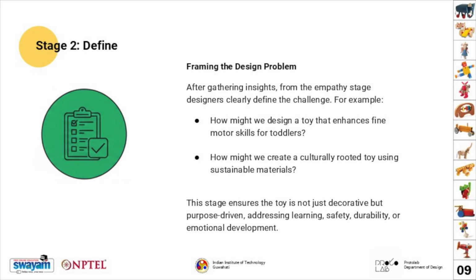Stage 2, define. It is framing the design problem, focusing questions based on the insights gathered from the empathy stage. For example, how might we design a toy that enhances fine motor skills for toddlers?